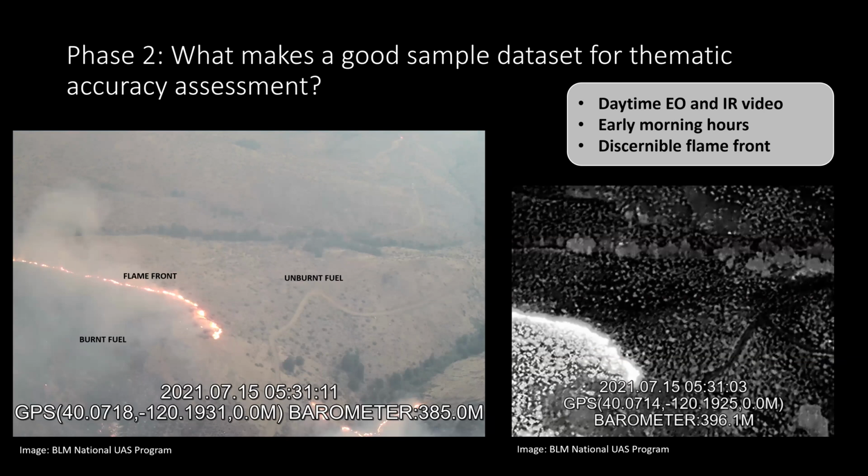So what's going to work really well for this is having both daytime electro-optical and thermal infrared video data sets, and these platforms collect both typically. Early morning hours are best because it's going to allow the analyst conducting the accuracy assessment to actually be able to identify features in the EO video. But what we really want is a discernible flame front that lets us really see that stark transition between burnt fuel and unburnt fuel.